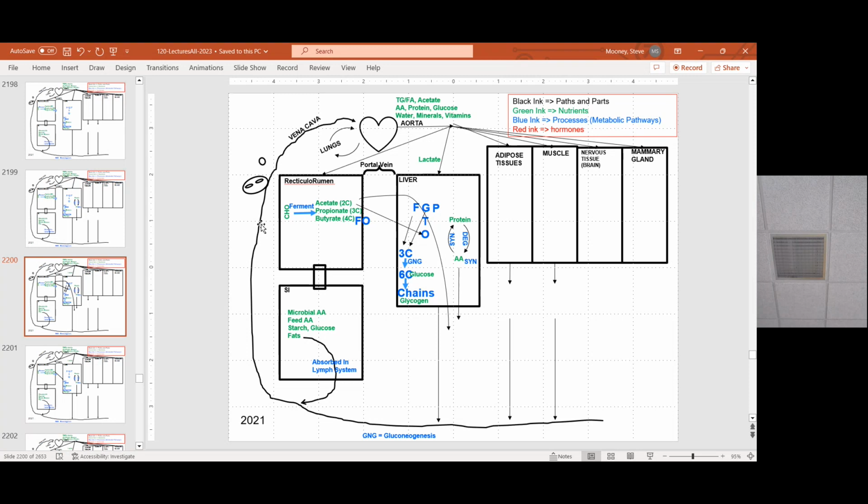Or it can be burned. 2-carbon unit goes directly into oxidation, burned for energy in the liver. So producing the ATP that the liver needs to do all of these processes. So the ATP moves over to protein synthesis, moves over to help with gluconeogenesis.